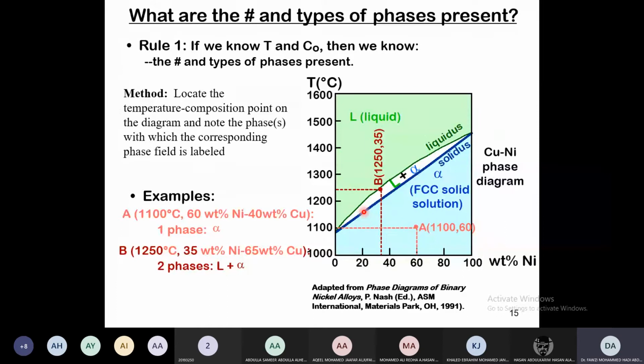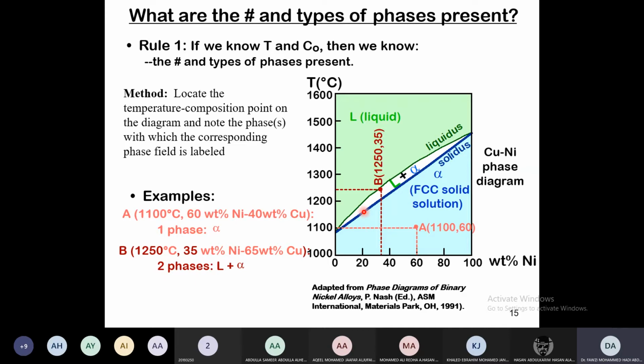Now, since we have looked at what phase diagrams are, let us now practice how we can use the phase diagram in order to answer those 4 important questions. If we are given the temperature and the composition, of course the pressure is kept constant, for any alloy, then we can determine those 4 things.